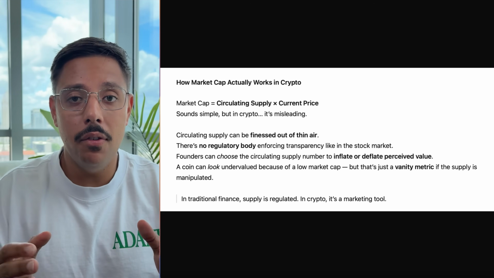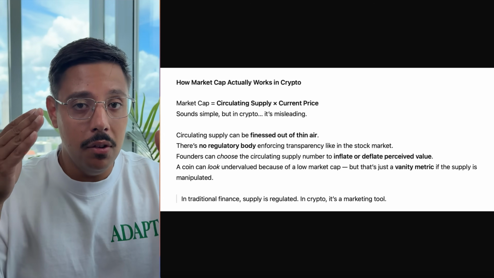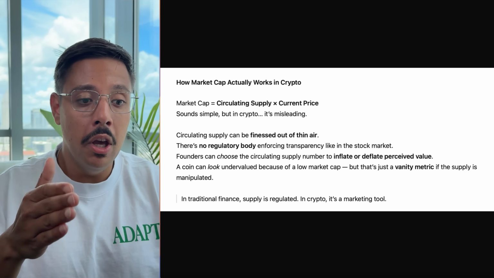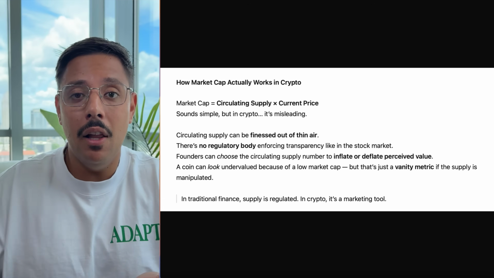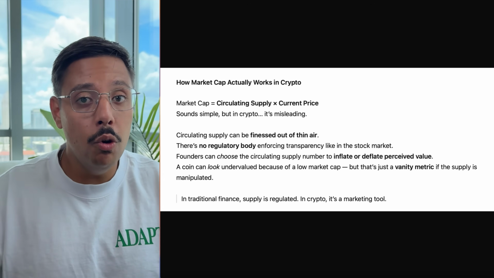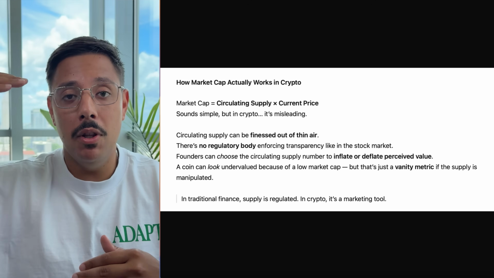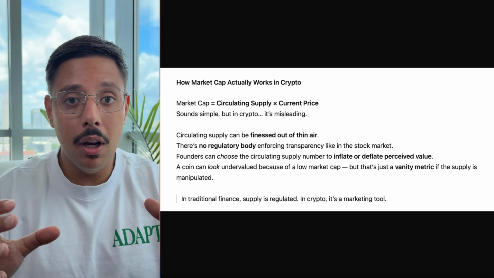If you just go to that list and start picking coins that are high up because you think they're better, this is misleading, because in cryptocurrency, the creator of the coin gets to choose circulating supply, and they get to choose the price they start selling it at. So really, they're choosing the market cap. And the higher the market cap, the higher you come on the website. So in crypto, this is actually used as a marketing tool.